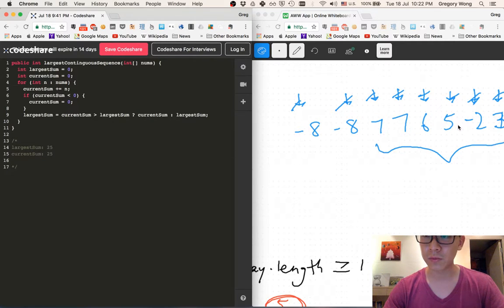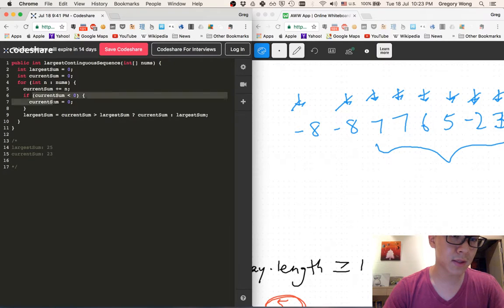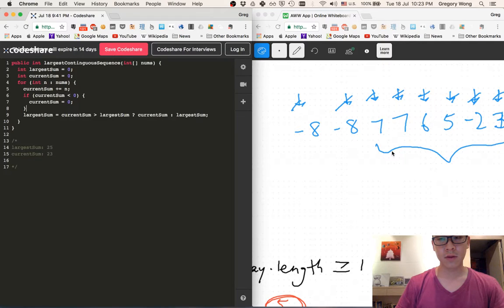Now we have -2. You add -2 to the current sum, giving you 23. Now it's positive, so nothing happens here. The largest sum doesn't change because current sum is not larger than largest sum. And we keep going.